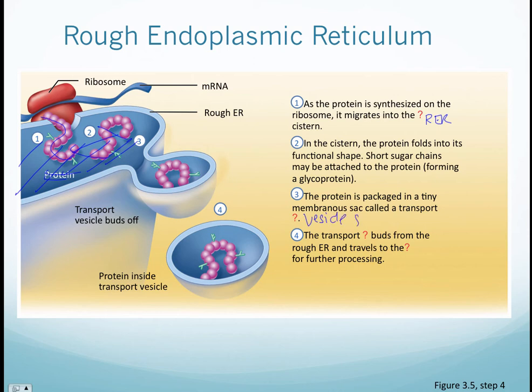And as a review, where are these vesicles going to go? Good. So it's going to transport vesicles. We're going to bud from our rough endoplasmic reticulum and travel to the Golgi apparatus for further processing.